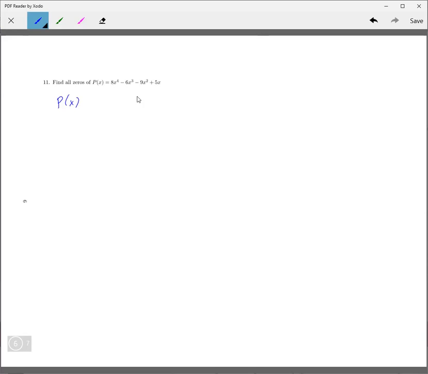It's 5x. So that means that we can go ahead and factor an x out of everything. So we factored an x out. Now what we're going to do is take this piece and run that through GeoGebra.